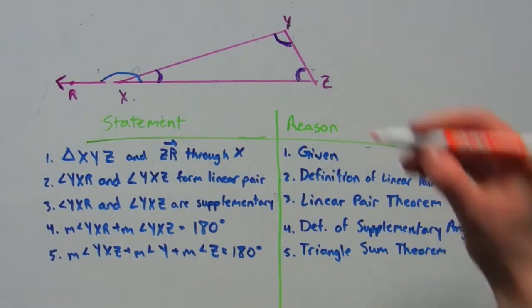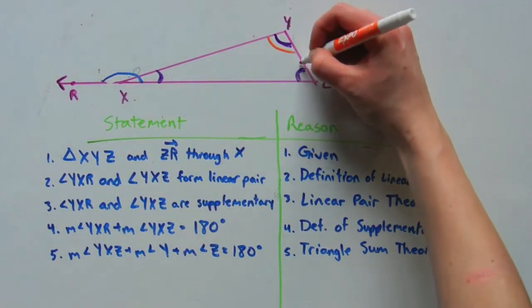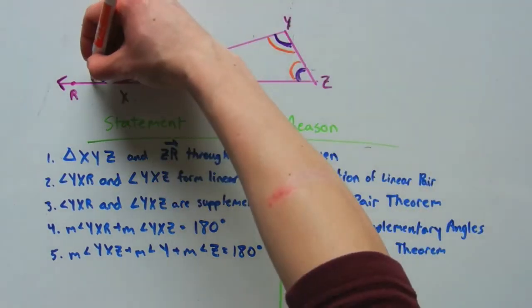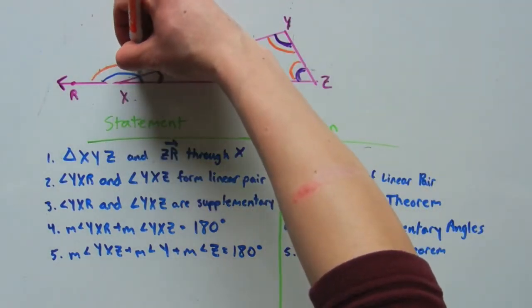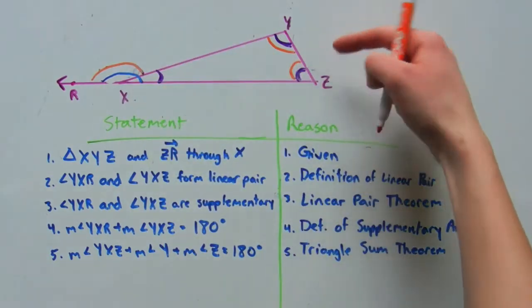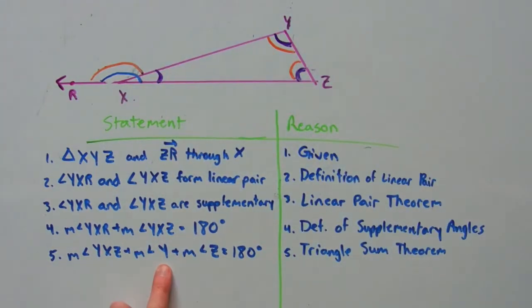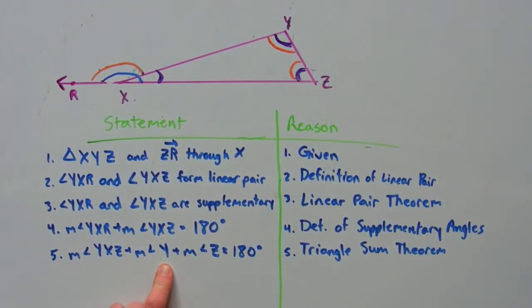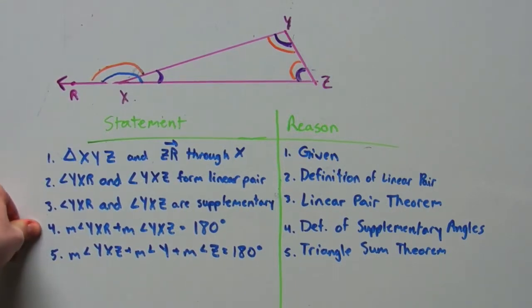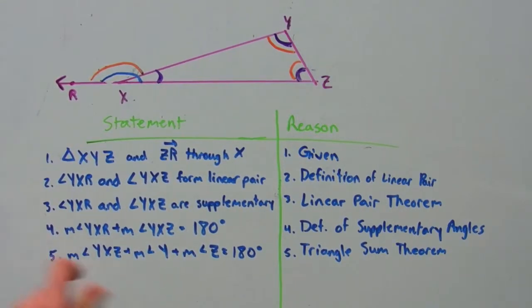We're trying to prove that the two remote interior angles equal the measure of the exterior angle when they're added together. So we need to find some way to put Y and Z in an equation with YXR. And since the equation in step 4 and the equation in step 5 both equal 180, we're able to substitute one expression in for the 180 degrees.